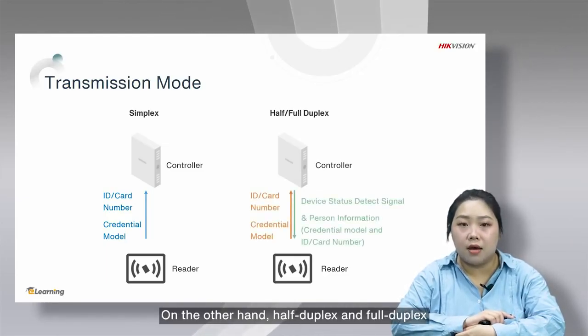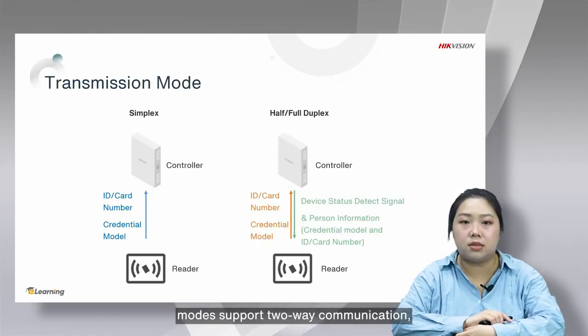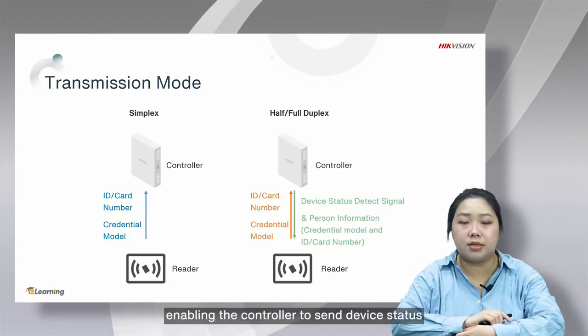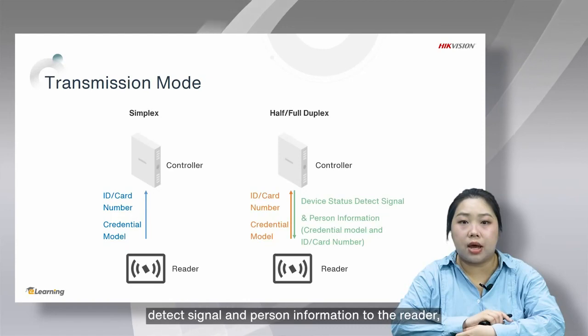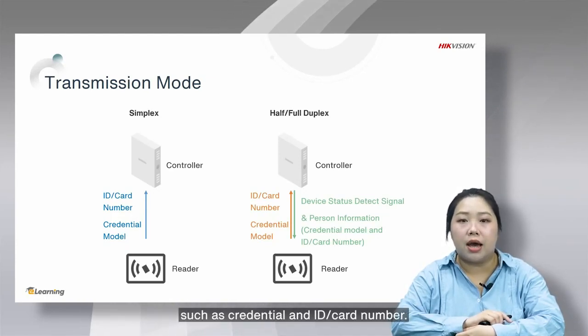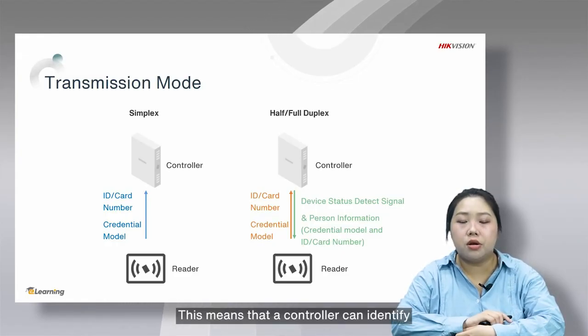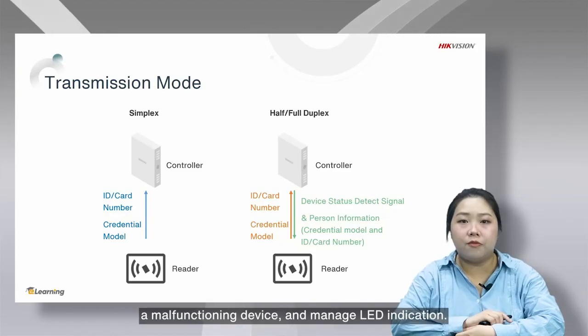On the other hand, half-duplex and full-duplex modes support two-way communications, enabling the controller to send device status, detect signal, and person information to the reader, such as credential and ID card number. This means that a controller can identify a malfunctioning device and manage LED indication.